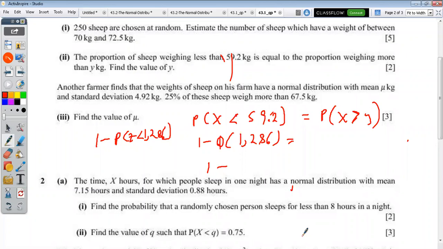From your booklet, the normal distribution table, I'm sure you went to 1.2, then you go to 8 there. So what value did you get?